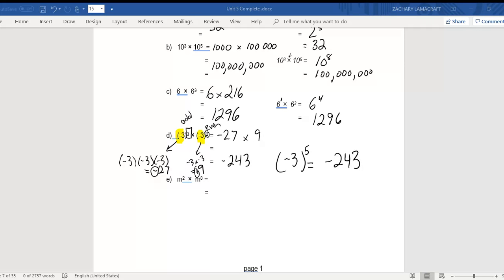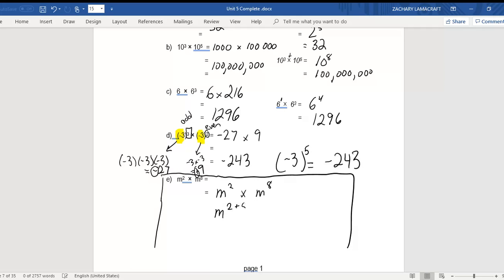Okay, so we have one more here, and we're using letters, and it differs, but all the same things still apply. So if we just take our rule that we learned, m squared times m to the 8, and we just add the 2 and the 8, we would get the answer of m to the 10.